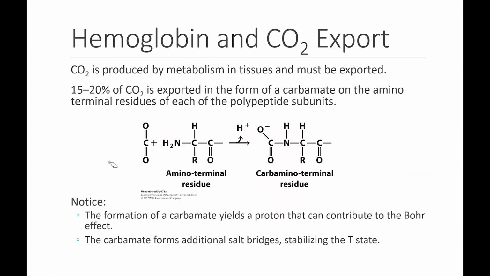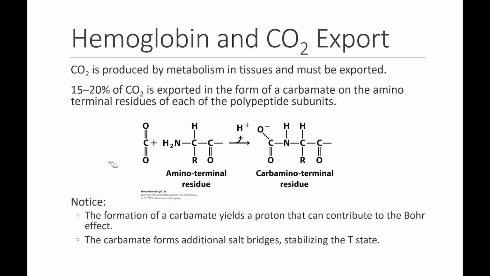Another way that hemoglobin and carbon dioxide are related is through the formation of a carbamate. So about 15 to 20% of CO2 actually gets converted and released in the form of this carbamate.